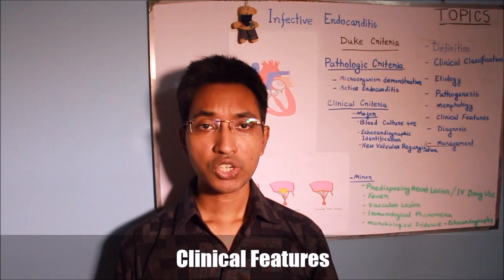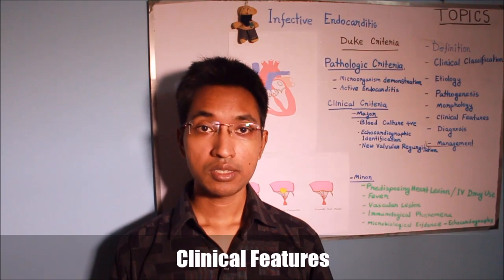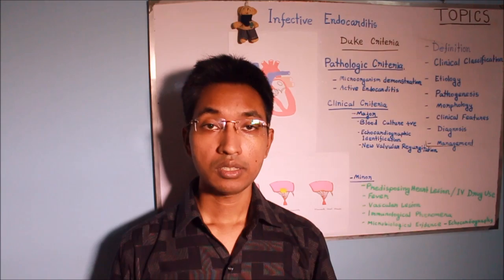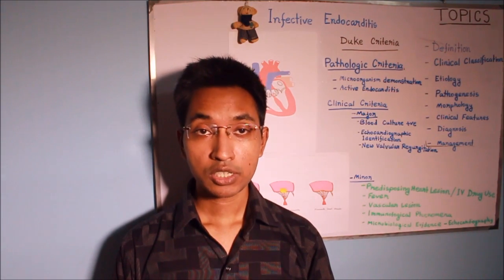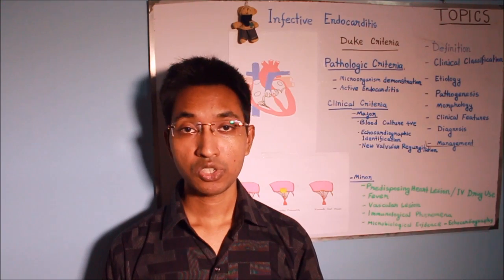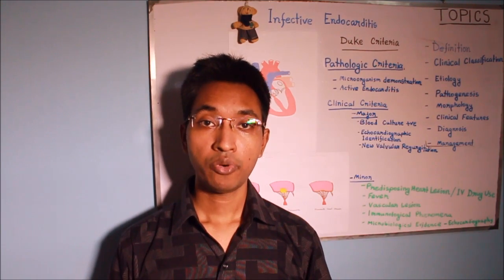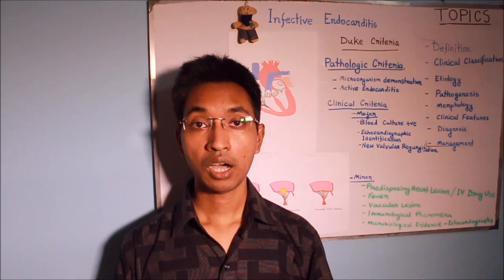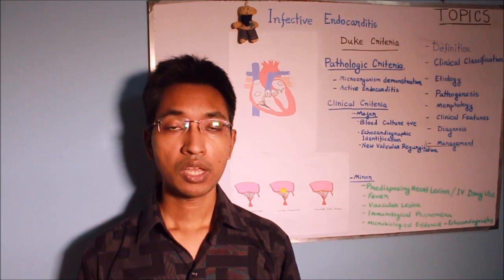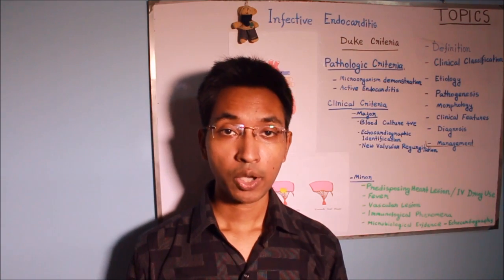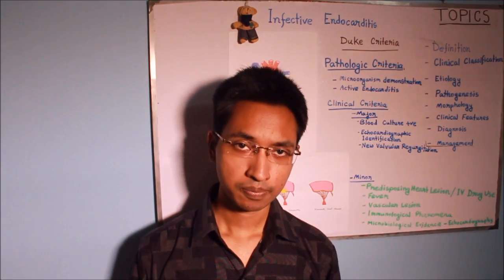The clinical pattern of infective endocarditis is influenced by the causative microorganisms, the site of infection, previous antibiotic therapy, and presence of prosthetic heart valves. So all these factors can influence the clinical outcome of infective endocarditis.